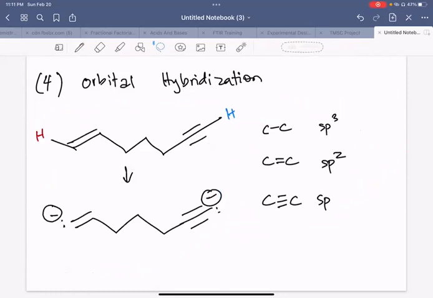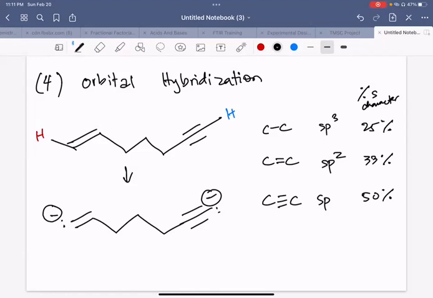Okay, so if we compare the percent S character, this is 50% S character, this one is 33% S character, and this one is 25% S character.